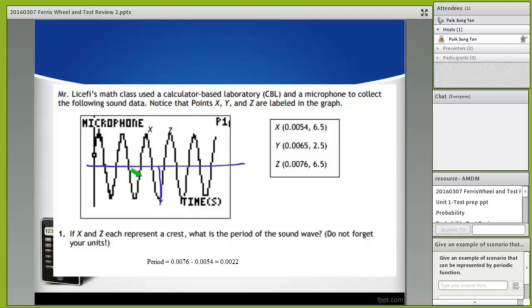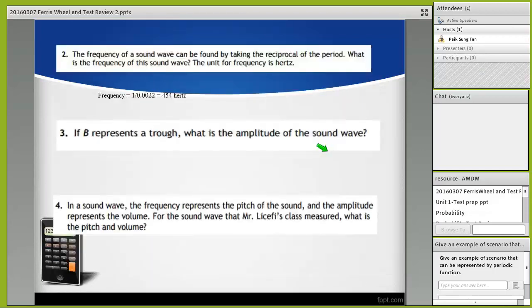Hard to draw a straight line. Half of the vertical distance between x and y. The y value for x is 6.5 and the y value for y is 2.5.